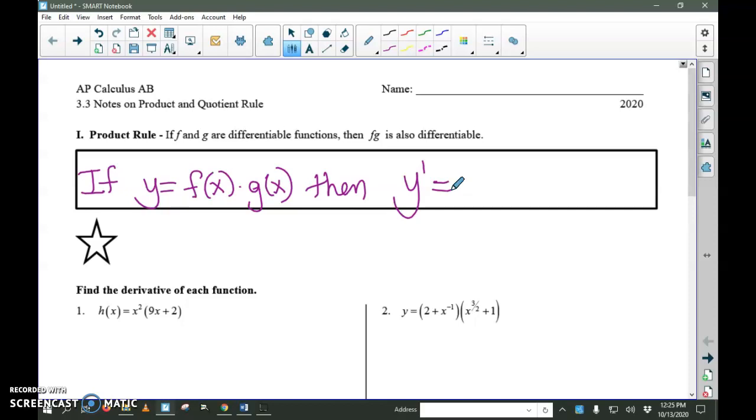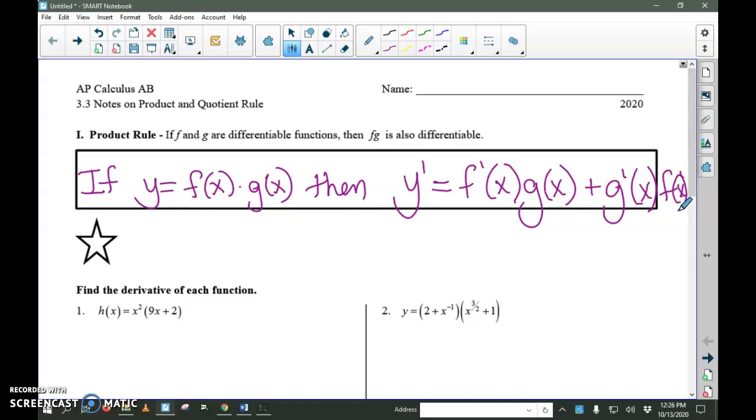Instead, I would find the derivative of the first function or first term, and I would multiply that by the original second function or second term, okay? So f prime times g plus, I would then find the derivative of the second term or function and multiply that by the original first function, okay? So the derivative of a product, y prime, is equal to f prime times g plus g prime times f.